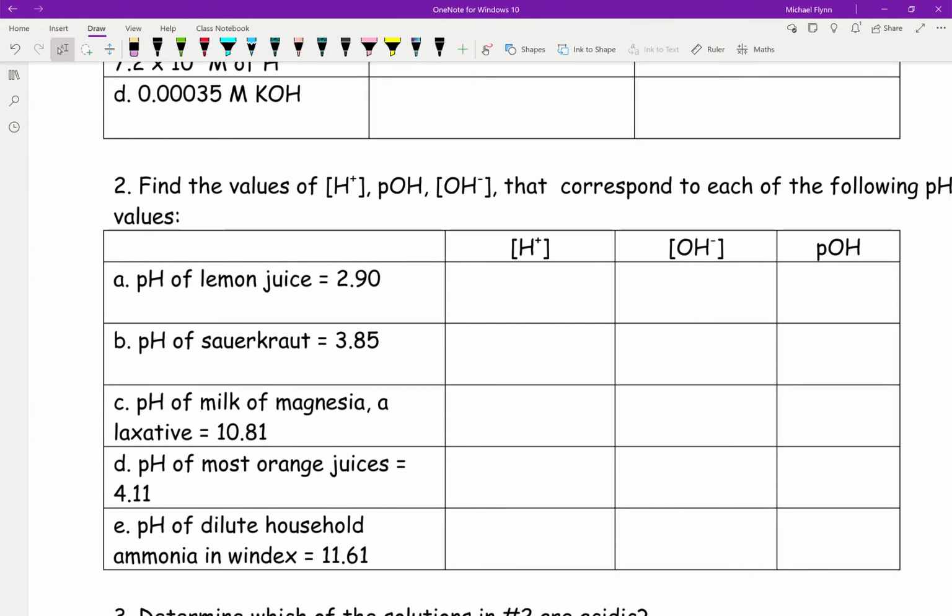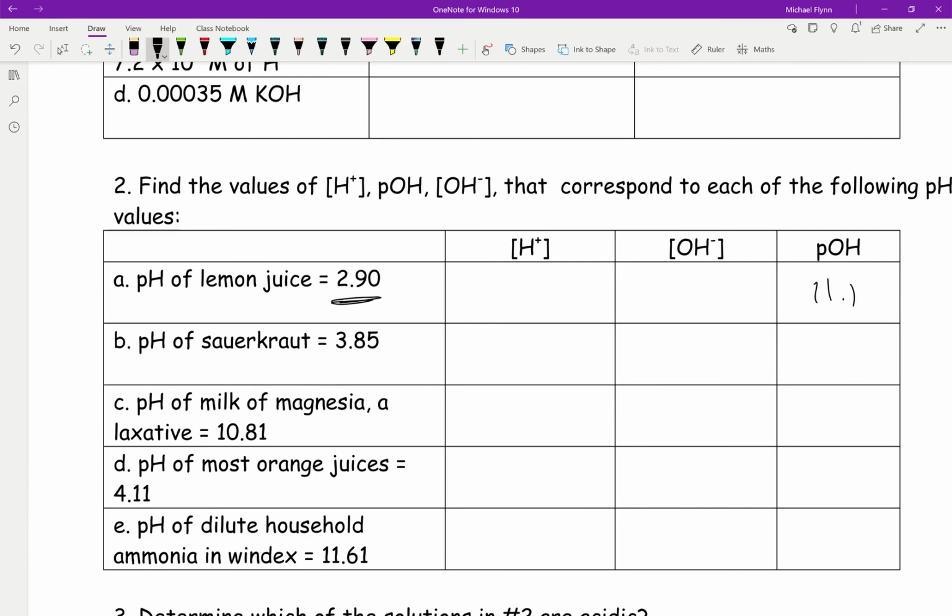All right, now in the next example, you're doing the opposite. They give you the pH, and you have to fill in the rest of the blanks. This one's really easy. You don't even need a calculator for it. For the pOH, we're going to subtract from 14. The pH is 2.9, so I'm going to go 14 minus 2.9. This is 11.1.